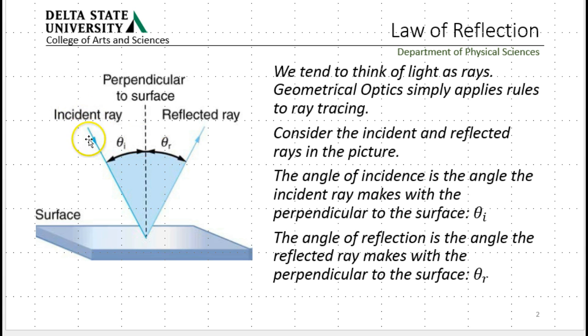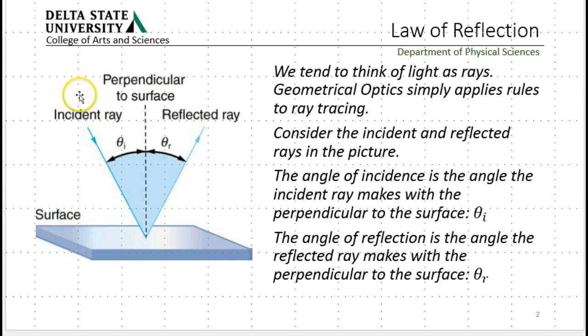When you have an incident ray like the one here that hits a surface and then reflects, it turns out if you're going to trace the path of this ray, or in essence of a photon, although it's not really the same photon after the surface, the incident angle and the reflected angle are the same.